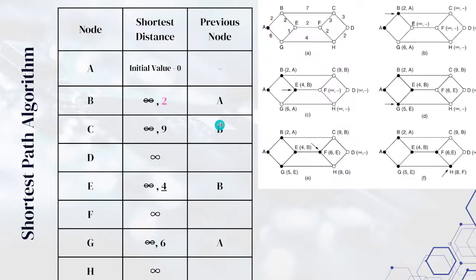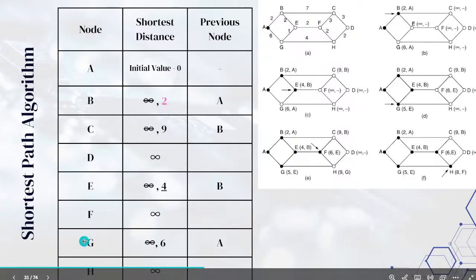I reached C from B, so the previous node is B. So, to reach B, the previous node is A. To reach C, the previous node is B. To reach E, B is the previous node. And to reach G, the previous node is A.